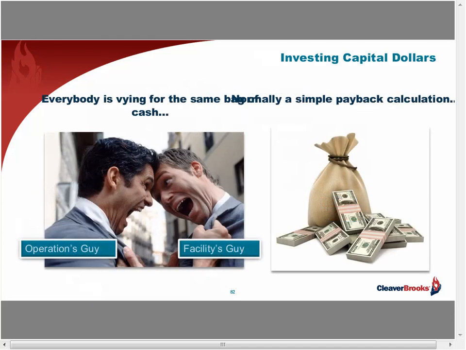Remember, too, to justify a capital spend, you're normally vying with other departments for the limited funding available, so you need to have a story which goes beyond emotion and simple payback in order to get that approval. That's where the mistake is often made, trying to justify the dollars with a simple payback.